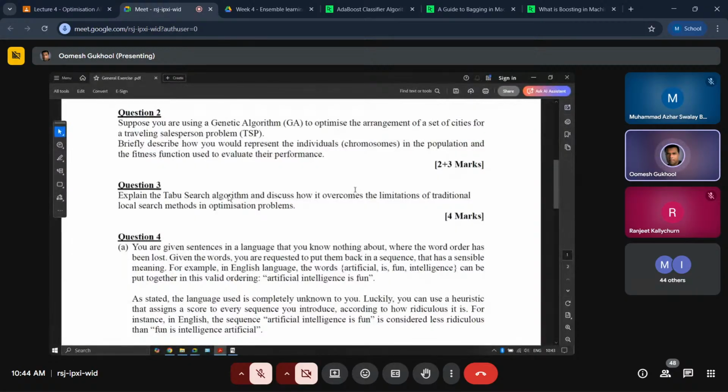In your answer, whenever you're talking about taboo search algorithm, if you're not talking about the taboo list or the tenure, most likely the answer is not going to be right, because that's the main component of the taboo search.